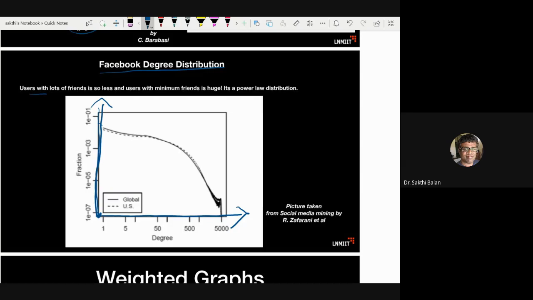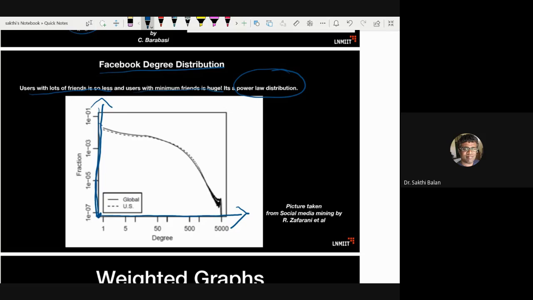So users with lots of friends are very few, right? And users with minimum friends are huge in number, and that is called a power law distribution. Okay, so this power law distribution gives you more and more idea about how a graph, which is very huge, is going to be visualized by you.